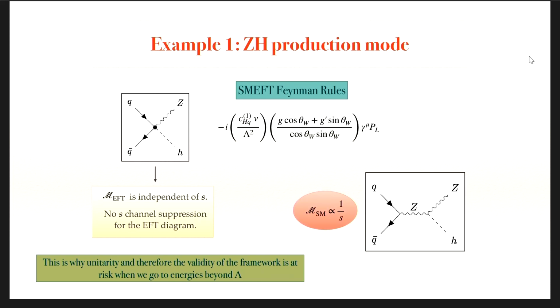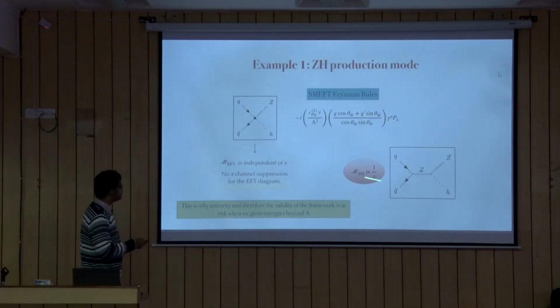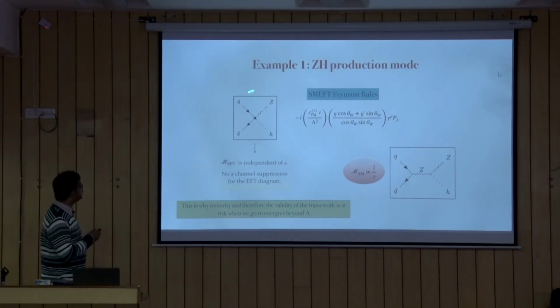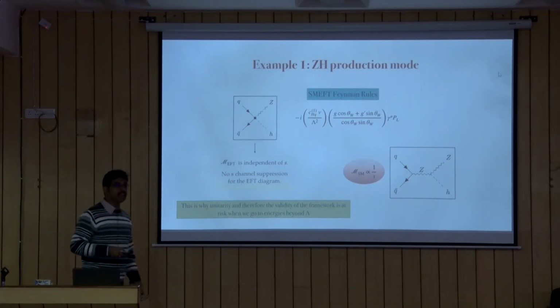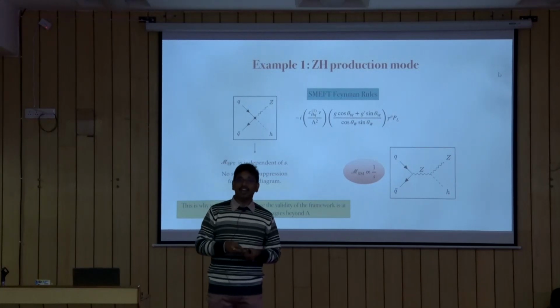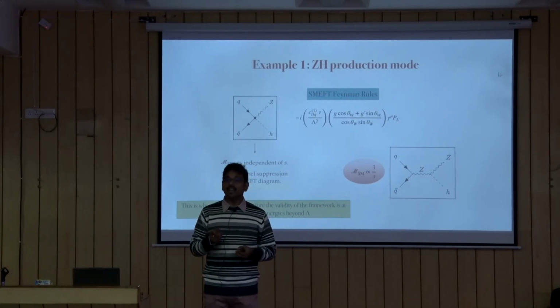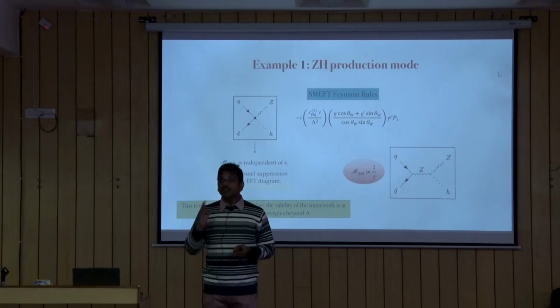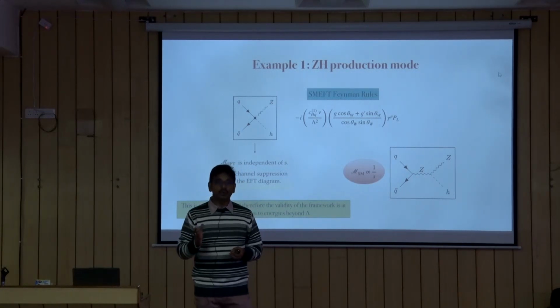And remember that the standard model contribution, which is this s-channel Z mediation, has a suppression of 1 by s. So this is the point which Jose was mentioning, that due to the presence of these effective 4-point interactions, which don't have an s-channel suppression, the cross section can grow when you take this contribution into account.